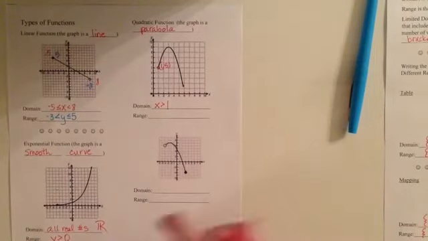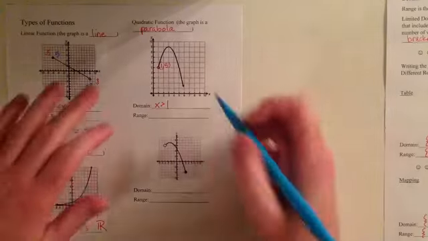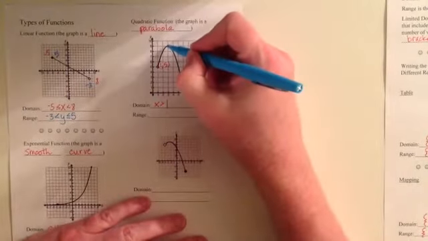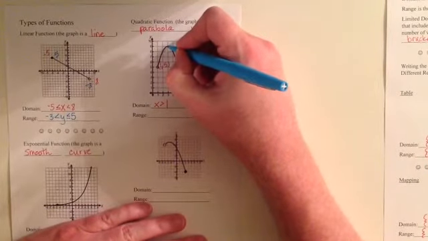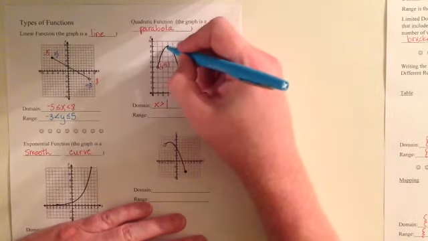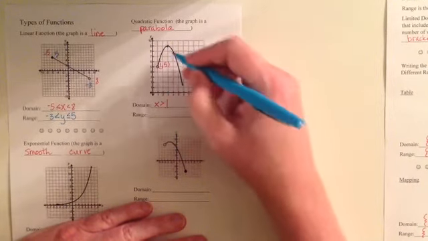And now let's look at the range, and I will do this one in blue. The range is completely different. The range is starting at the very tip of the parabola. Where's that very tip? That tip is at 9. The highest point on the parabola is 9, and everything else is below the 9 because it goes on forever.